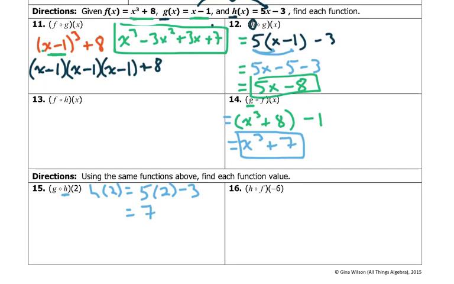And from here, it's g of h of 2. Because we found what h of 2 was, h of 2 is 7, so we are doing g of 7. Now we plug in g of 7 to get our final answer.